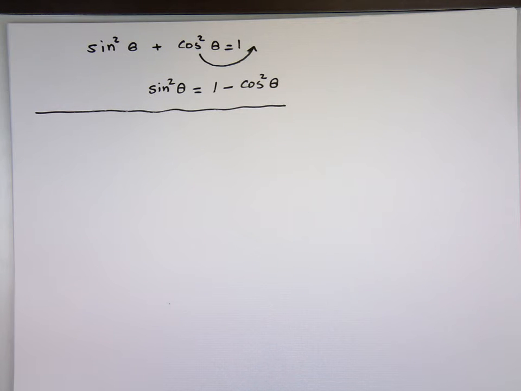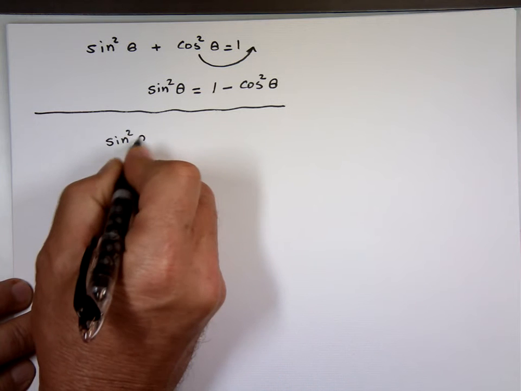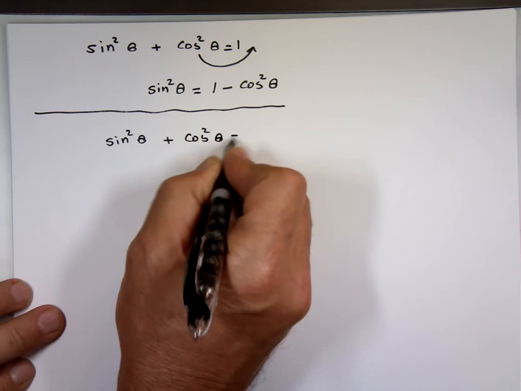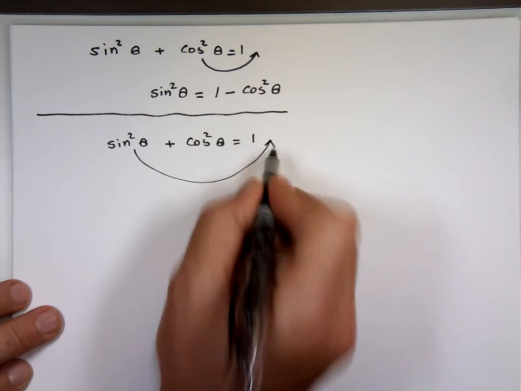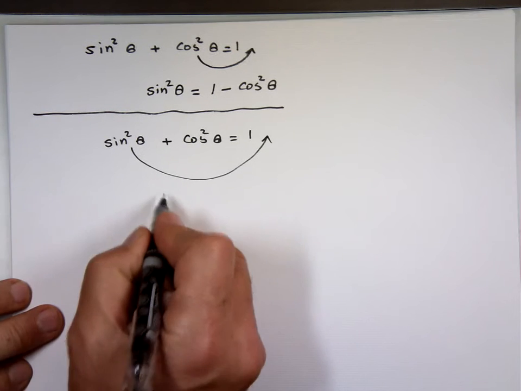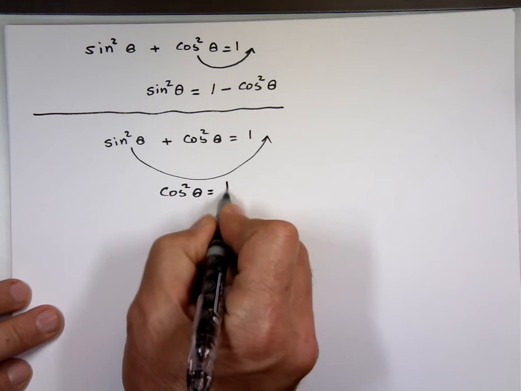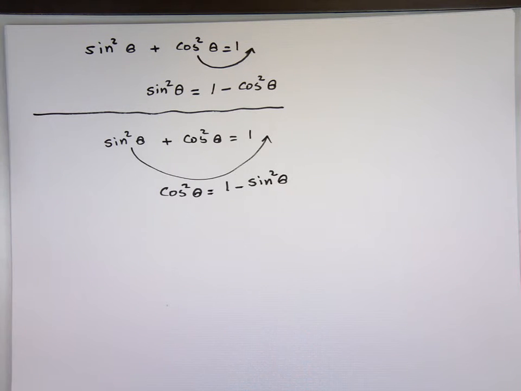Let's look at this one again. Instead of moving the cosine, what if I move the sine to that side? You have cosine squared theta equals what? 1 minus sine squared theta. That's also on the board, number 11. They look like different equations, but it's really going back to this one.